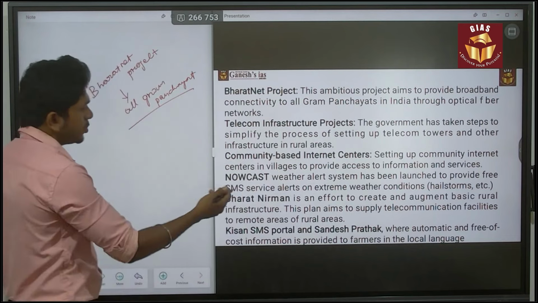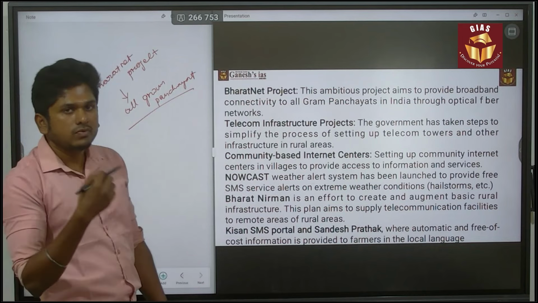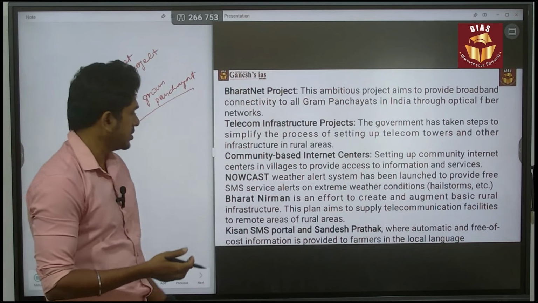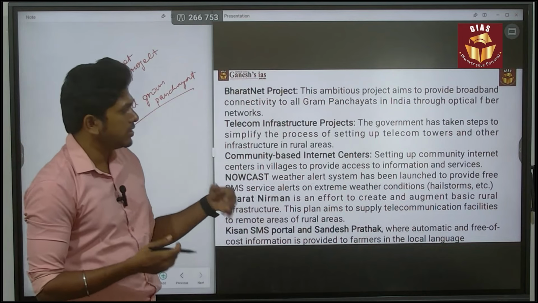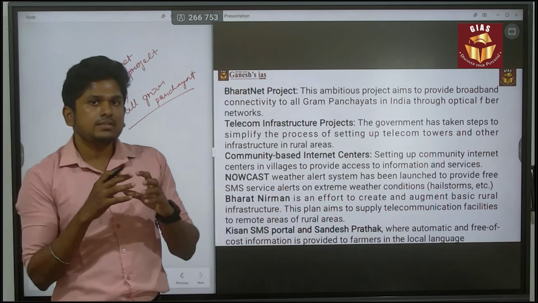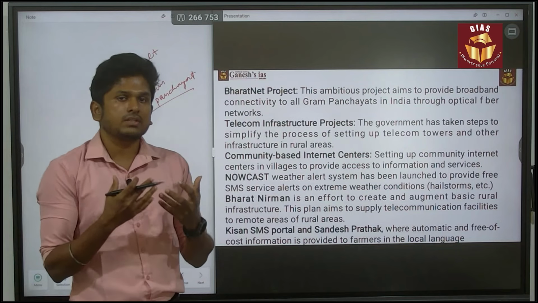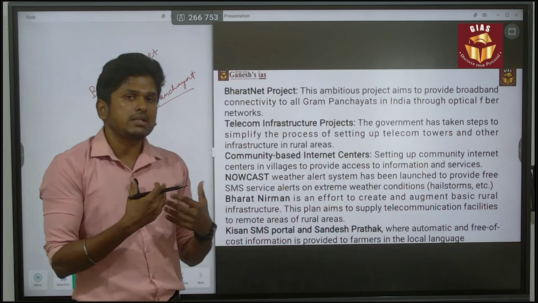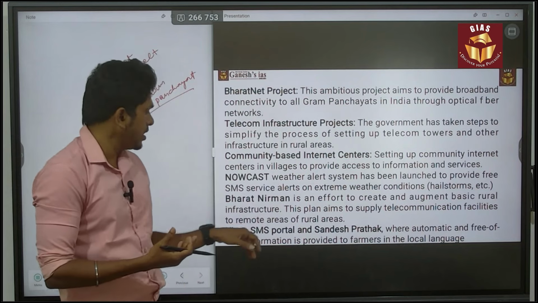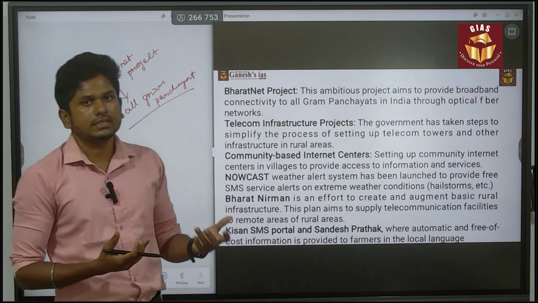The next is the Nowcast weather app. It will give the forecast of that region. And also Bharat Nirman, which is to create the basic rural infrastructure for data connectivity. And the last is the Kisan SMS.